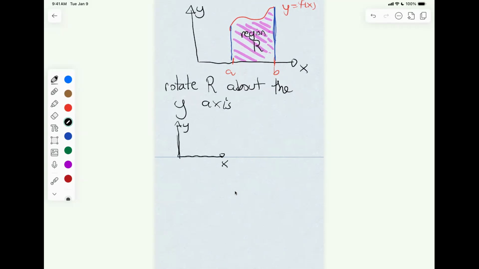I'll do it for something easier, just to have a better chance of drawing something relatively realistic. It doesn't have to be a straight line, as you could tell from that animation. What I'm trying to say is that I'm going to rotate this region. And once you rotate the region, let me see where I have my picture to follow it, because it's a bit tricky to do.